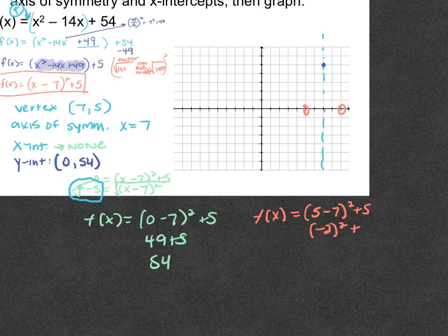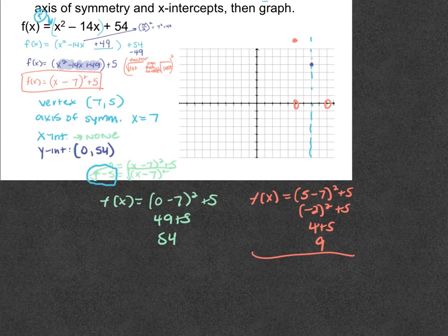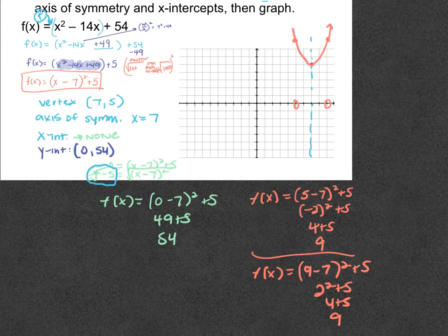Negative 2 squared plus 5, which is 4 plus 5. That's 9. And if I plug in 9, 2 to the right, it should be the same answer. f of x equals 9 minus 7 squared plus 5, 2 squared plus 5, 4 plus 5, which is 9. Now I know what my parabola should look like.